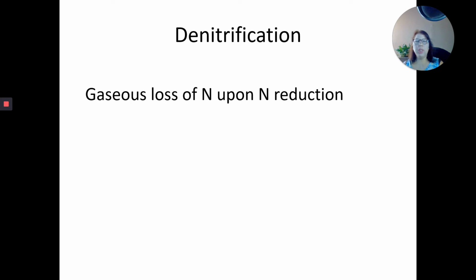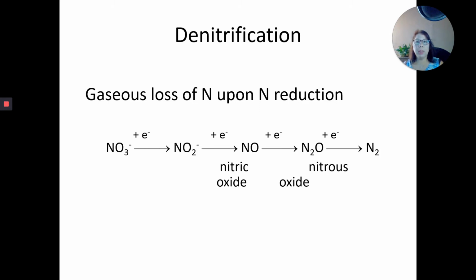So denitrification: de means loss. The gaseous loss of nitrogen upon nitrogen reduction can be illustrated chemically in this equation. From your NO3, it went down to dinitrogen compounds. So NO3 to NO2 to NO, and then N2O.